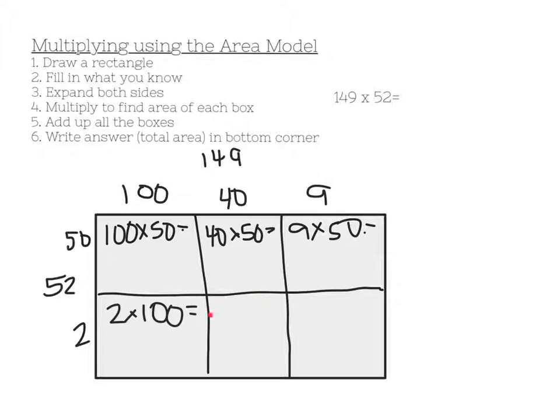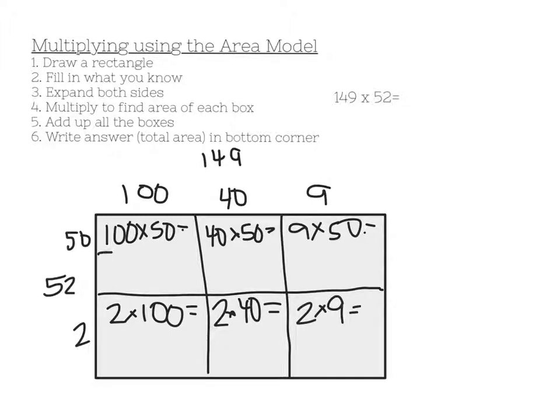For this box, my width is still 2 and my length is still 40. So this one is 2 times 40. For this box, my width is still 2 and then my length is still 9. So I would do 2 times 9.